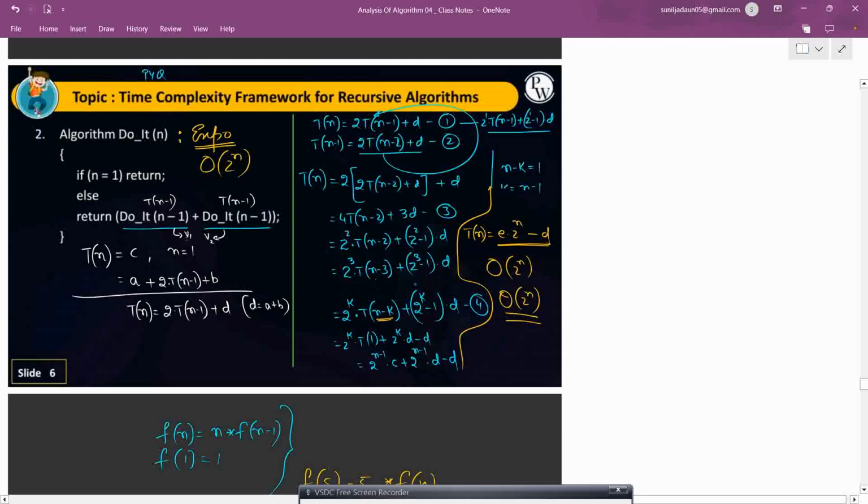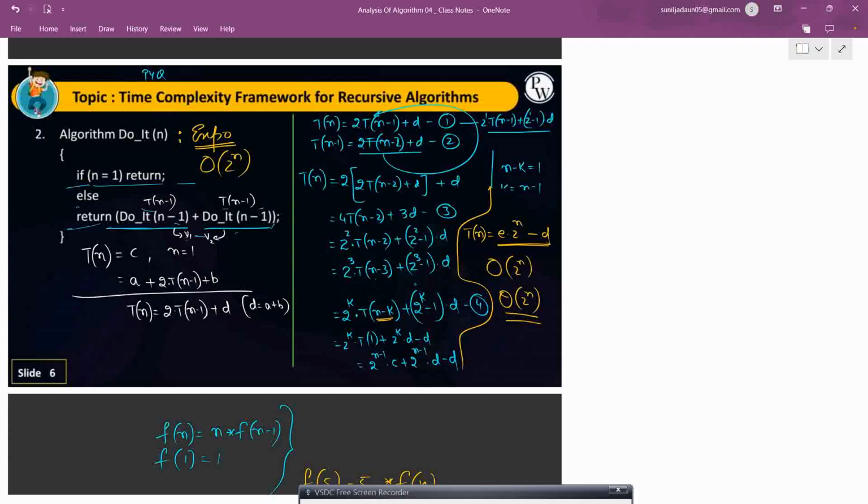Time complexity framework for recursive algorithms. Algorithm: do it now here. So what we do here: if n is equal to 1, then return, else return what? Do it (n minus 1) plus do it (n minus 1). This is 2 T(n minus 1) plus d.